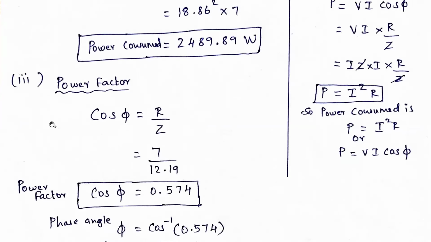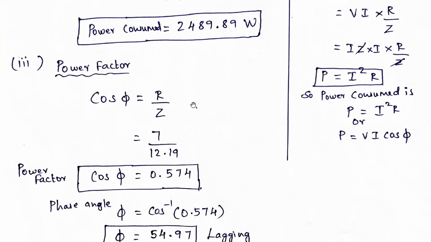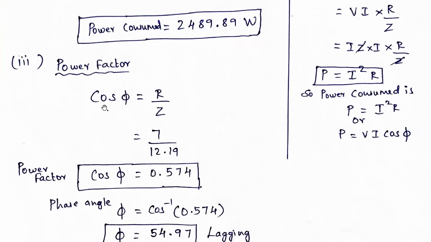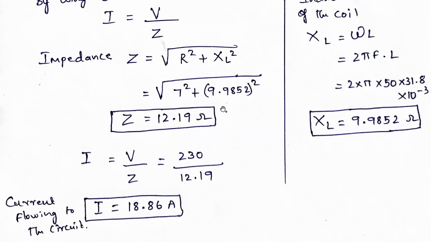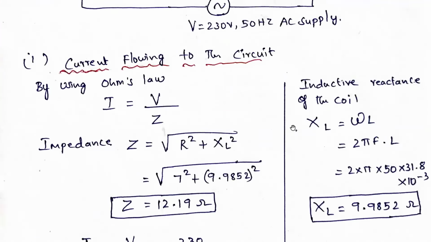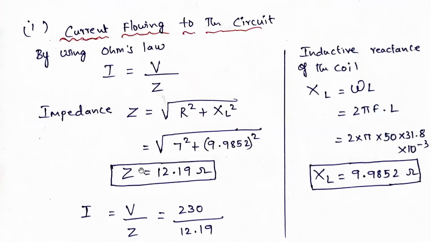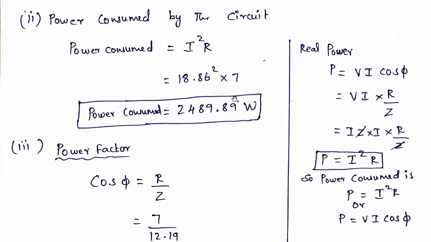Next is power factor. What is power factor? Power factor is nothing but the cosine of the angle between the voltage and current. In other terms, cos phi is equal to R by Z, that is resistance by impedance. Resistance is given in the problem as 7 ohms, and the impedance we calculated as 12.19 ohms.